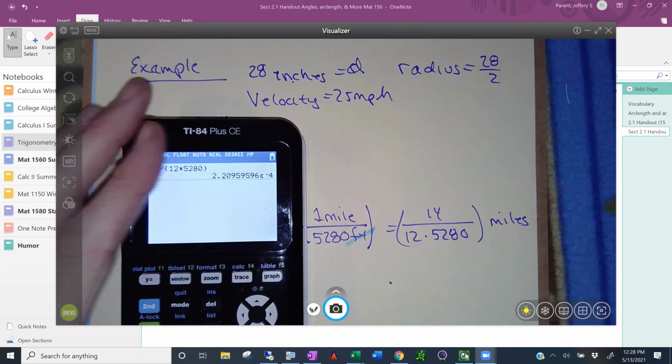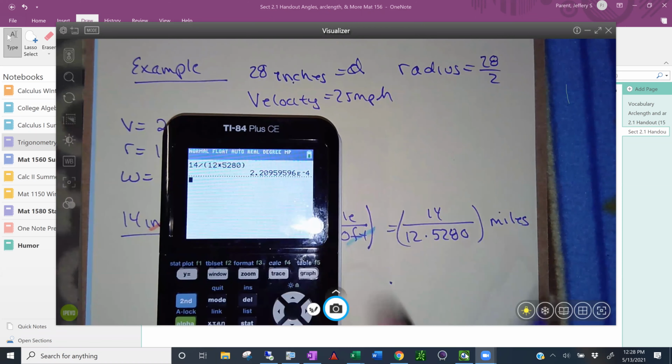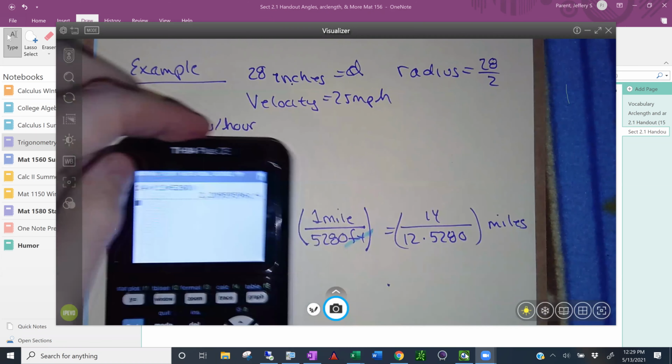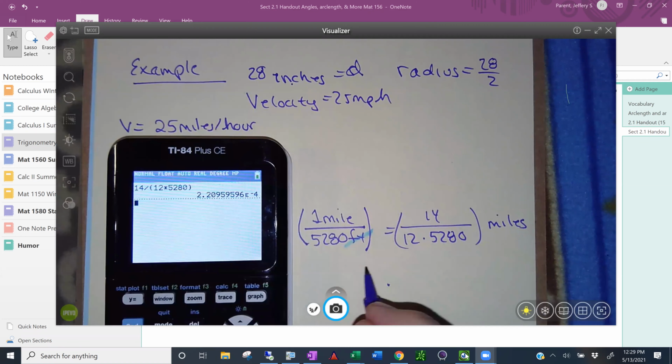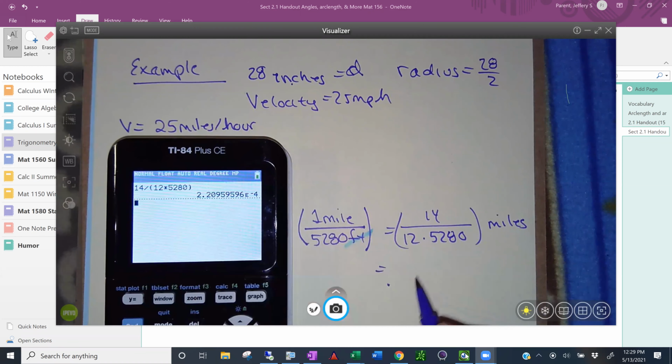Ooh, do you know what that negative exponent means? It means times 10 to the negative 4th power. Realistically, that means 3 zeros and then the 2. So 0.00022, 1, we'll call it.